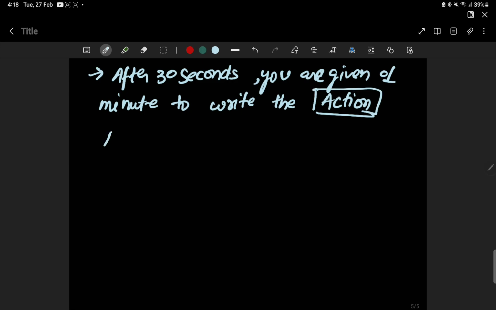Now what is the action? Action means anything which you think is going on in the picture.